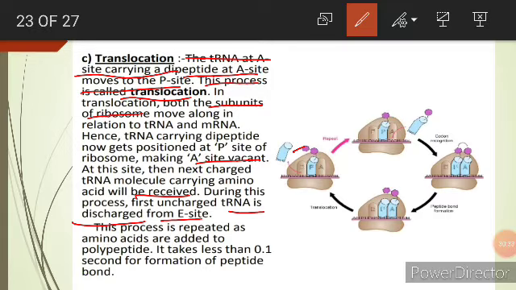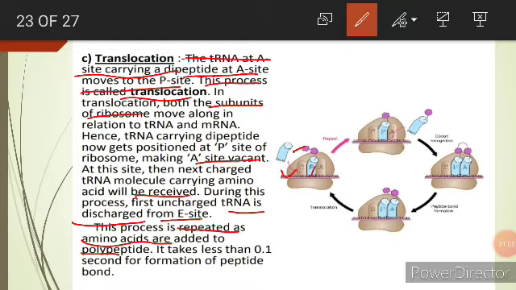If it is attached with the amino acid, then it is charged, and as it releases its amino acid at the P site and reaches the E site, having no amino acid, we can say this tRNA is uncharged. As it is uncharged, it discharges from the ribosome from the E site, that is the exit site, and this process is repeated as amino acids are added to the polypeptide.